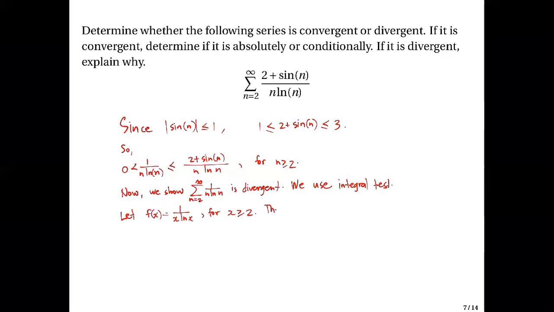Then f is decreasing since as x increases, x ln of x also increases.